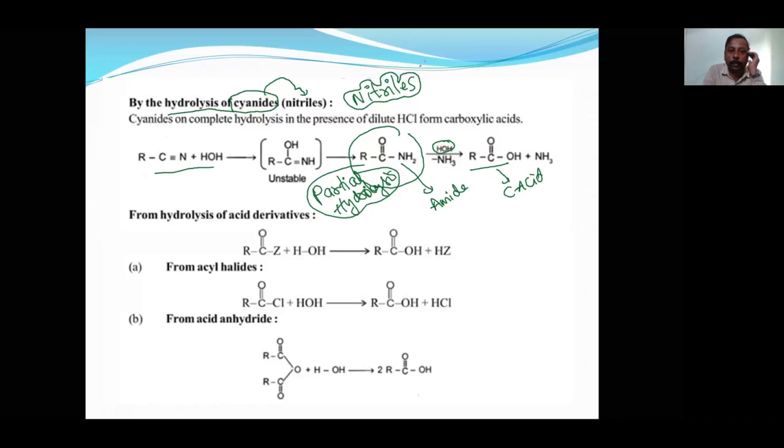So is the whiteboard displayed to you all? Now R C triple bond N. Is that whiteboard displayed, and whatever I am writing, are all of you able to see now? Yes or no?